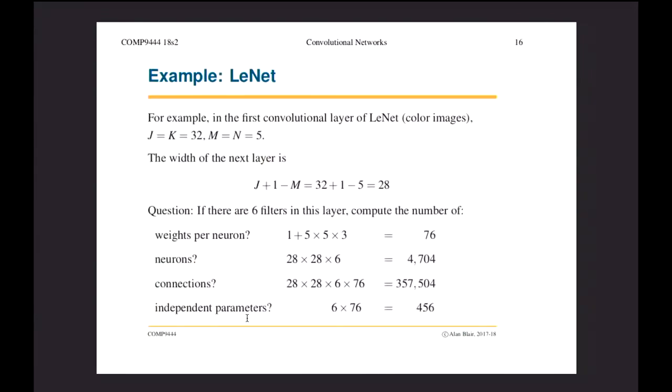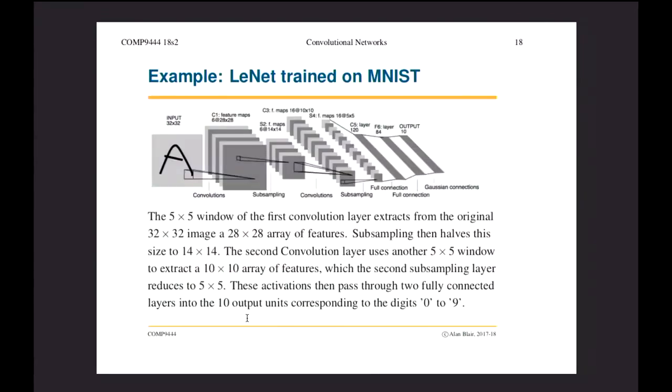Okay. So we've gone through these numbers. Now let's just look at this whole LeNet architecture again. This gives a pictorial display of it. This is the first layer in this LeNet architecture, and here are the 6 different filters.